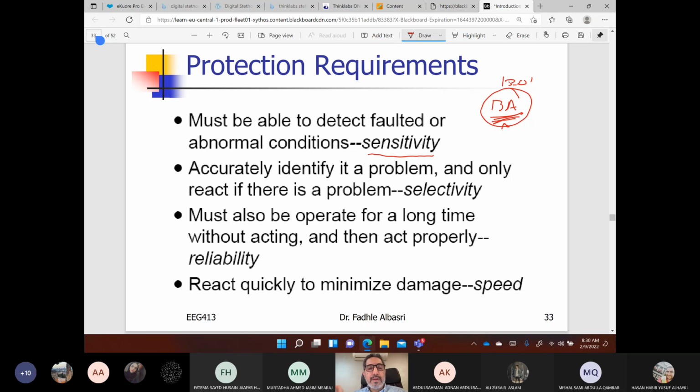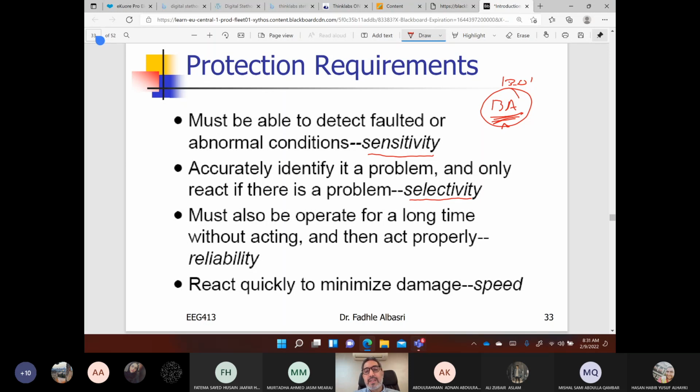Now, the second quality that we are looking for is selectivity. And by selectivity we mean its ability to not just detect the fault with the minimum quantity of current, voltage, or frequency, but also to be able to select the faulty equipment and disconnect it from the system.